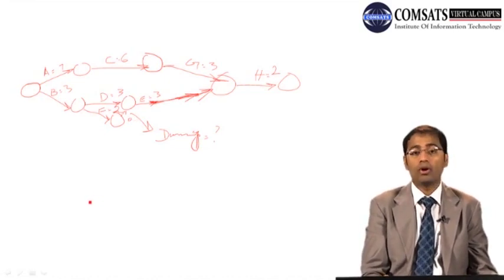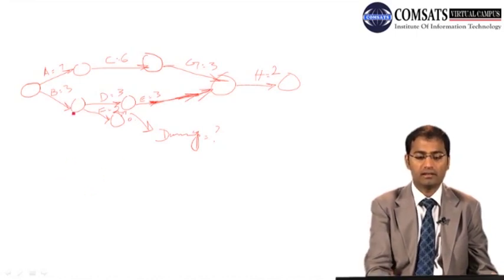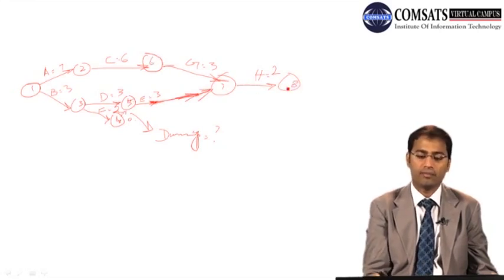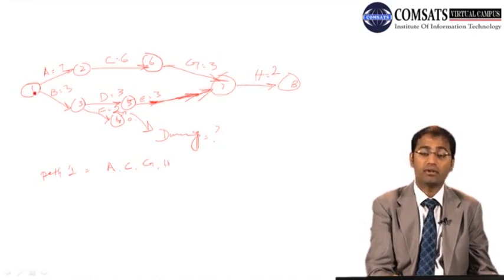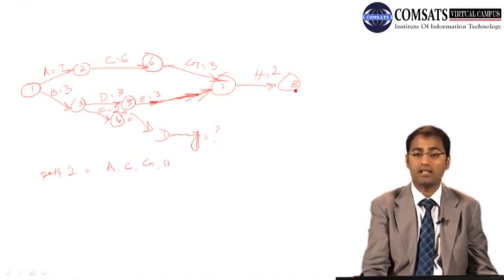Now how many paths do we have? Okay, let's see. Let's write the node numbers as well: 1, 2, 3, 4, 5, 6, 7, and 8. So the first path is A, C, G, H. We have to start from 1, and we have to reach 8.